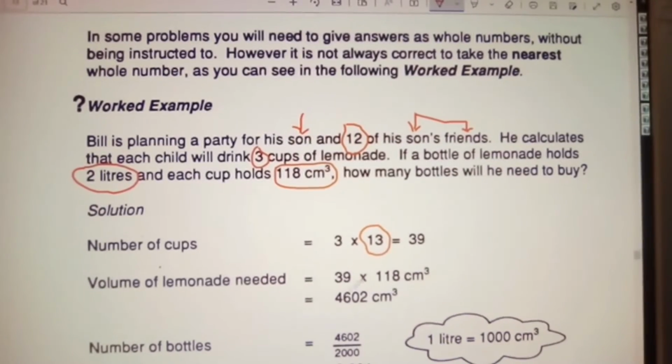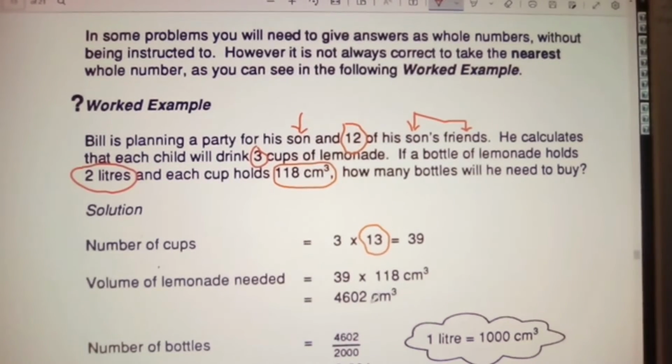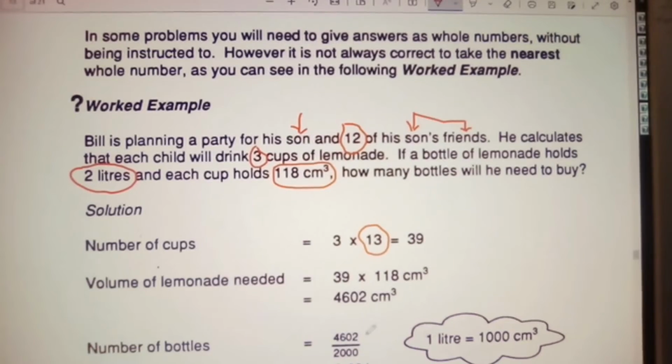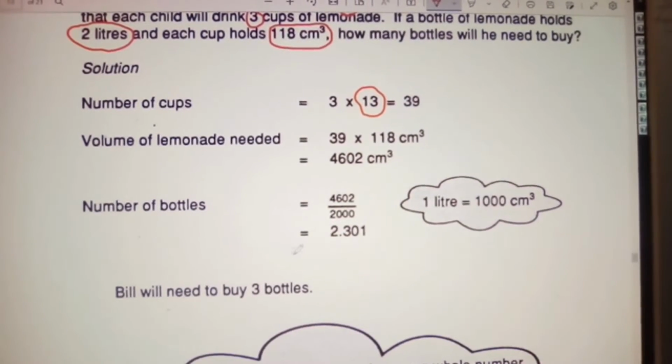Okay, that's 39. Volume of lemonade needed equals 39 times 118 cubic centimeters, equals 4,602 cubic centimeters.